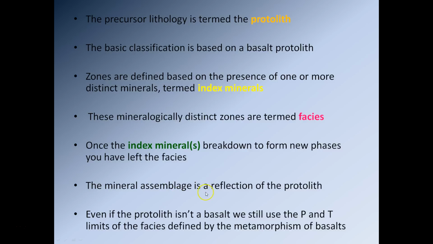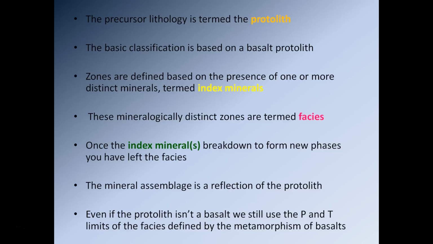The mineral assemblage is, unsurprisingly, a reflection of the protolith. Typically when we talk about metamorphic rocks, we only tend to talk about the metamorphism of basalts and mudstones, because when you metamorphose either, you tend to get distinct changes in mineralogy.